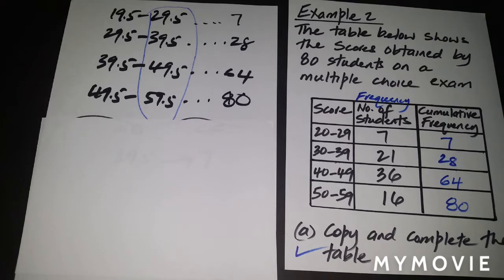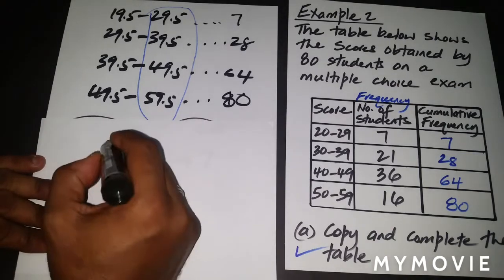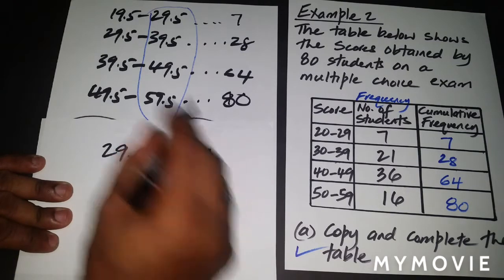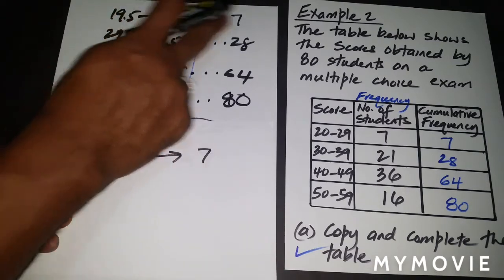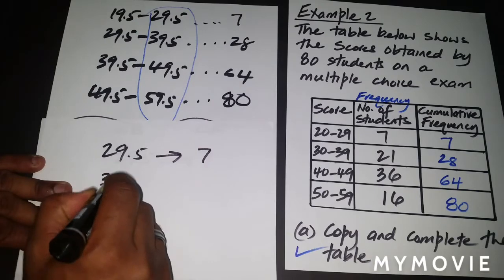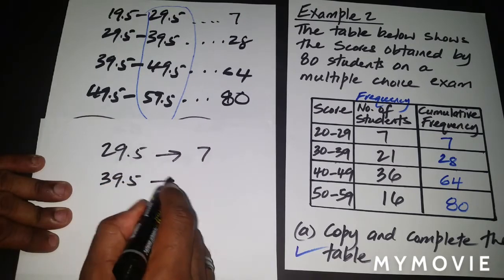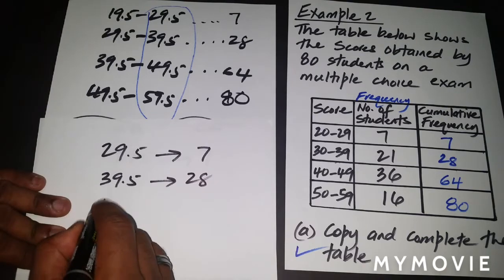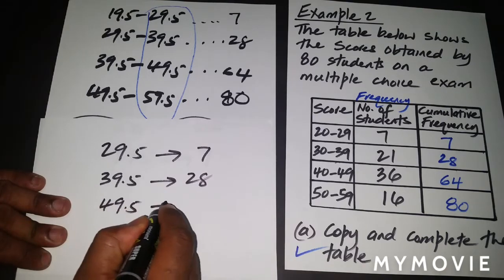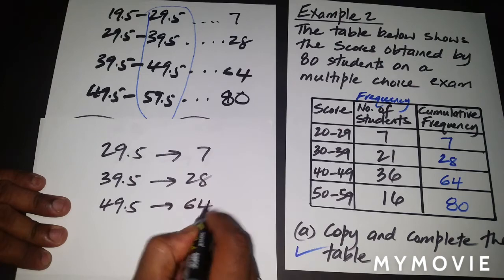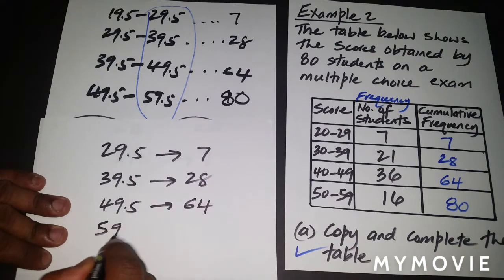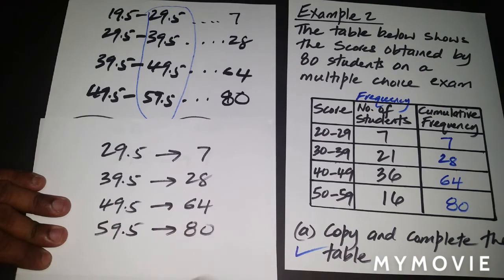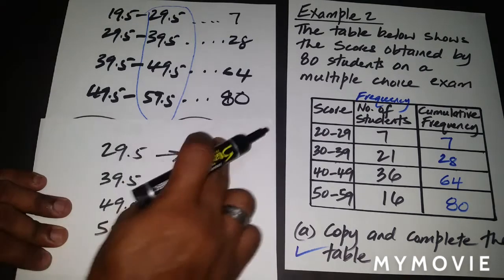So we're going to map 29.5 with 7. We're using the upper class boundaries here. We're mapping 39.5 with 28. We're mapping 49.5 with 64, and we're mapping 59.5 with 80. Now, of course, one is missing at the top.